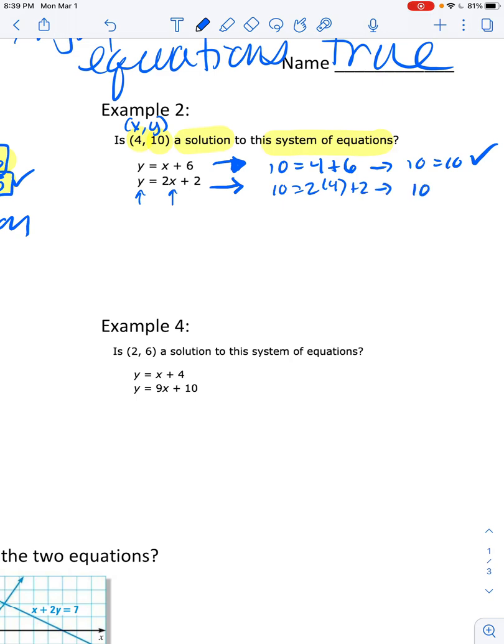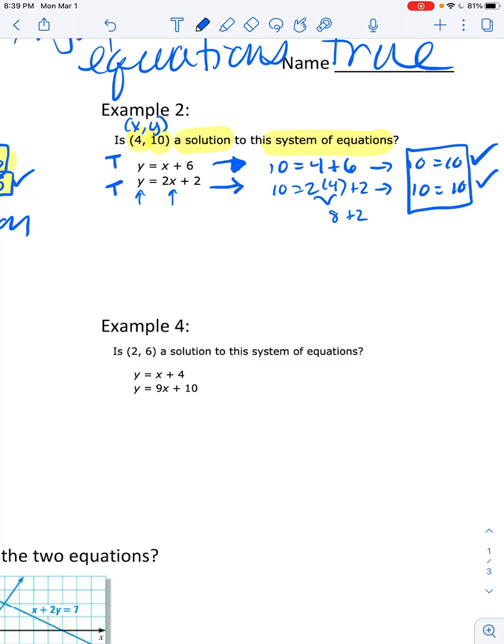So the left side is obviously 10. This would be 8 plus 2, so the right side is 10. Now, in this example, these all equaled 10. That doesn't have to happen. I just need the top to be true and the bottom to be true. So if I got 10 equals 10 on the top and 3 equals 3 on the bottom, that's totally fine.